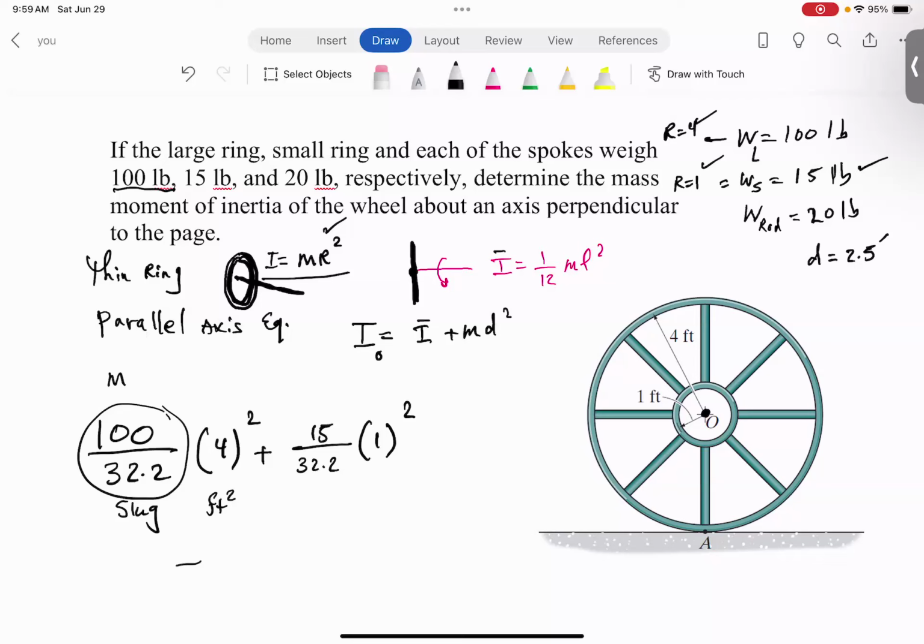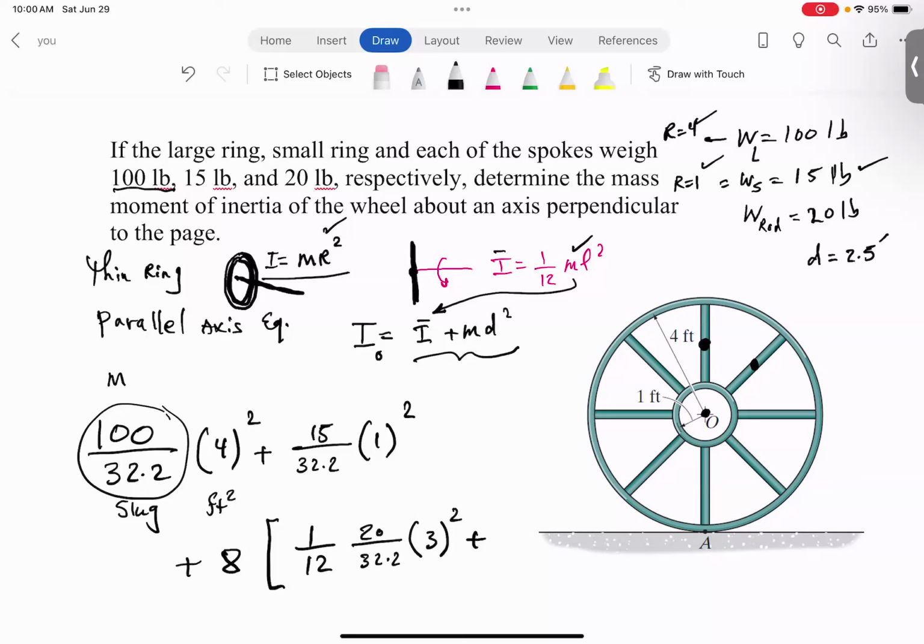Now, we have 8 spokes, identical, but we have to use this formula because remember, the mass moment of inertia with respect to the axis through the center of each spoke is 1/12 ml squared. That's this term. m is 20 pounds over 32.2. The length is 3 feet, squared.